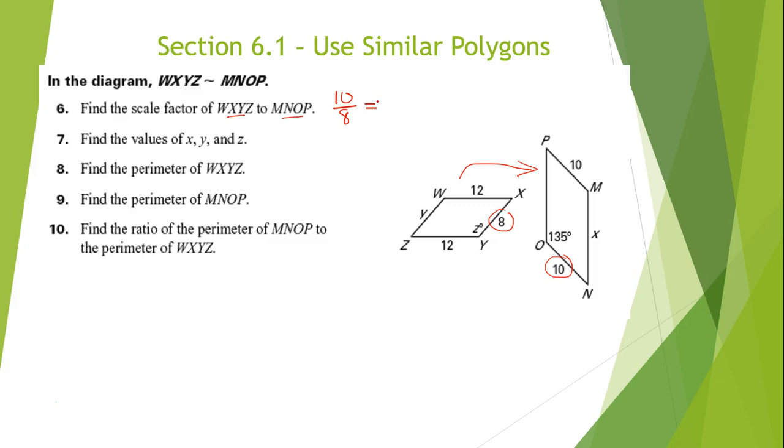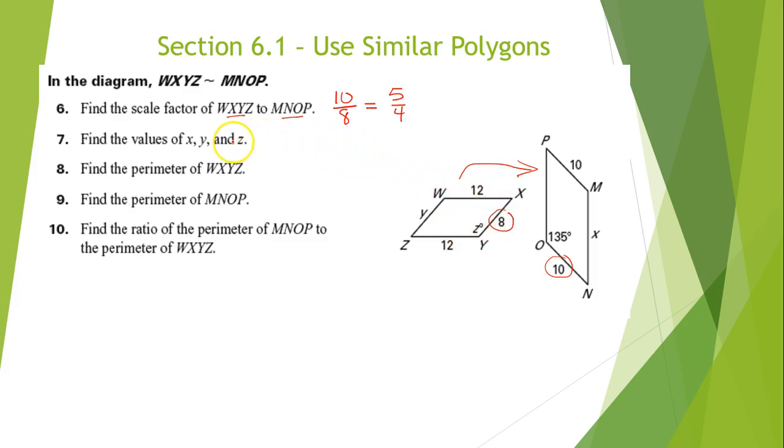And then just reduce that fraction, which is 5 over 4, and that there is your scale factor. You can write it in decimal numbers, but just keep it as this right here for now. All right, so we figured out the scale factor. The scale factor is actually useful. It can help us in finding the other side lengths around the figures of the polygon that are missing.